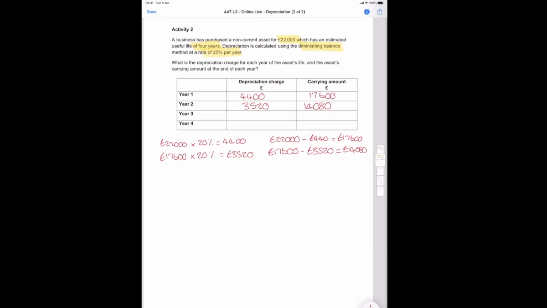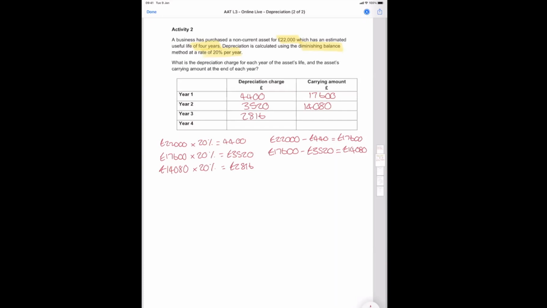Okay, so again, we use the carrying amount, which is 14,080, times it by 20%, which will give us a depreciation charge of 2,816. So we can enter that in our year three box.